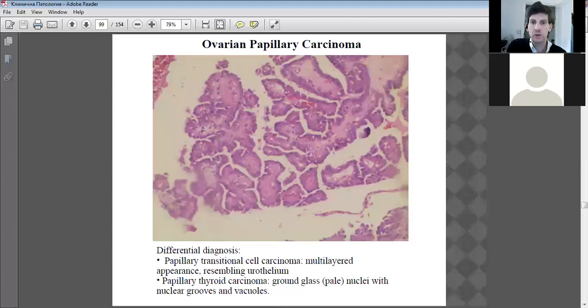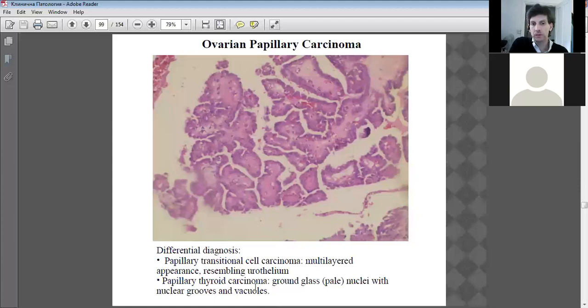Because it's growing so rapidly, it's forming channels, lots of surface spaces, if you like, in its mass. Resembling urothelium. Urothelium is the tissue which has lots of spaces in it, urothelial spaces. It tends to look like urothelium because of the space.